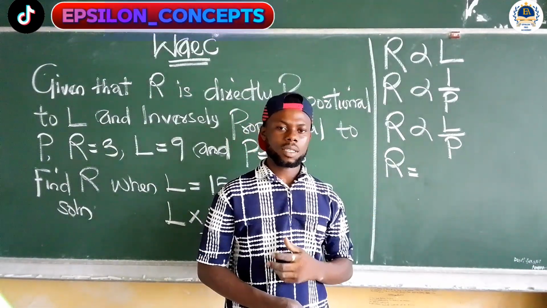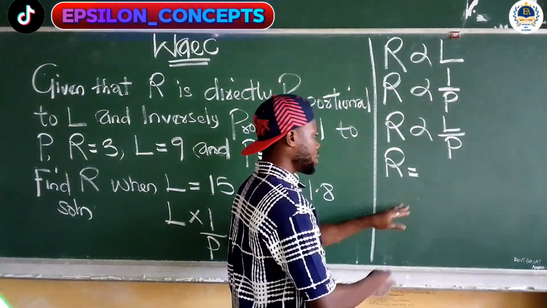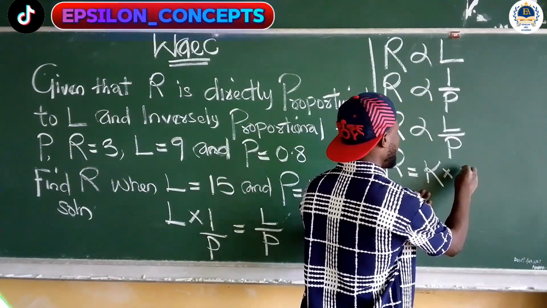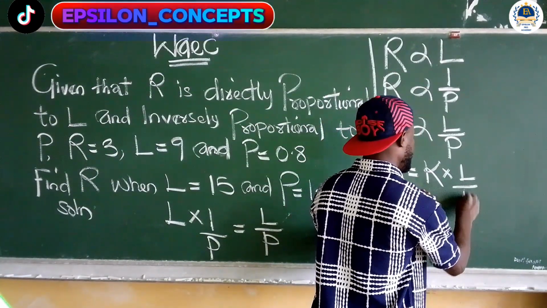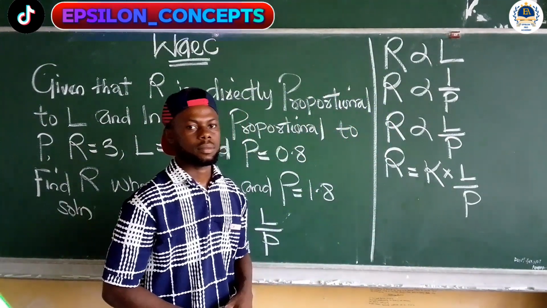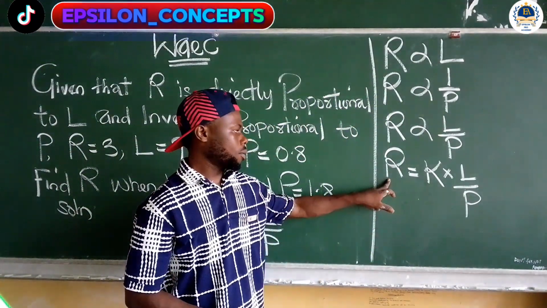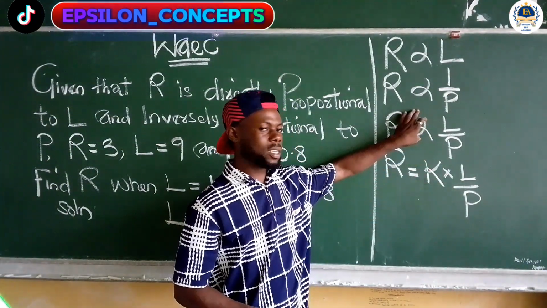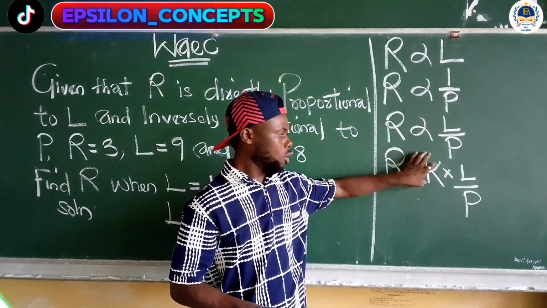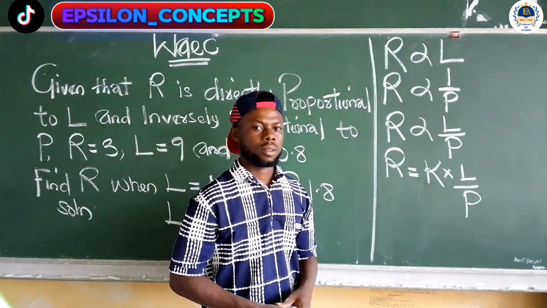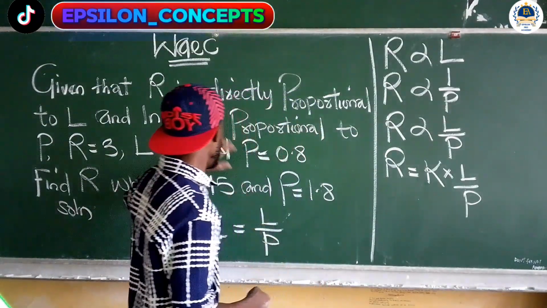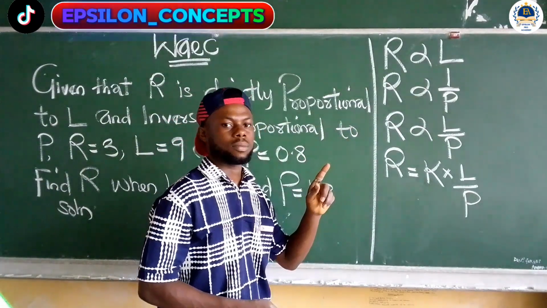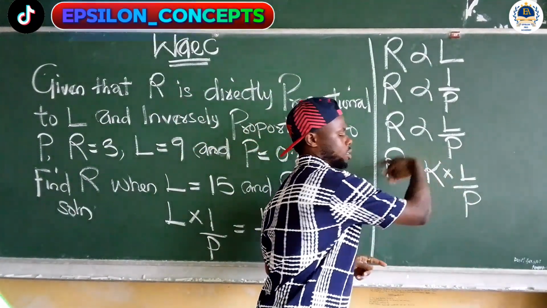We can represent the constant term with k. So R is equal to k times L over P. The proportionality symbol usually comes with a constant term. Now the relationship between P, L, and R is given as this.